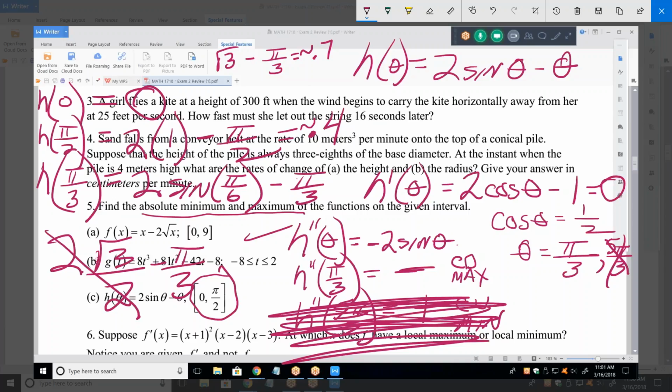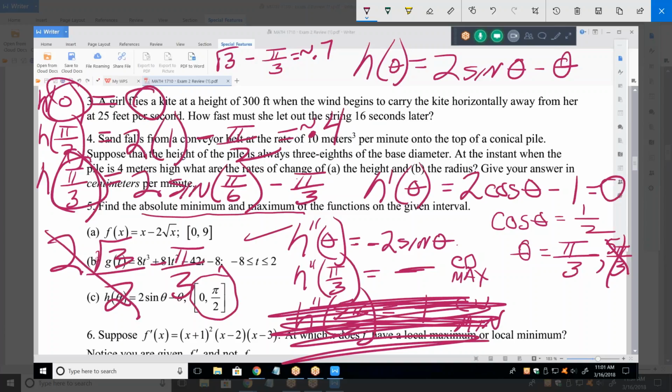Well, not really. I guess to answer the question, you'd have to have an exact answer here. I probably should look at the answers and see how they're giving them. In this case, our absolute maximum comes at pi over 3, and our absolute minimum comes at 0, one of the endpoints.